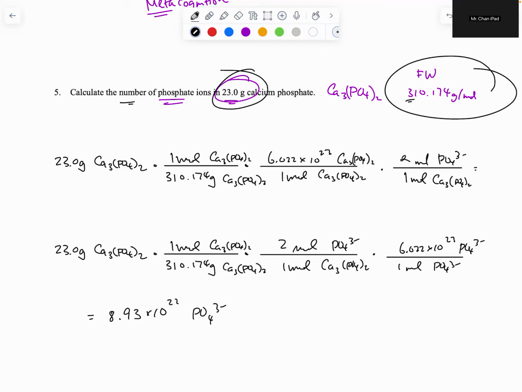So if you multiply by 2, maybe we're talking about 0.1 something moles, right? So if 1 mole is 6.022 times 10 to 23rd, then 0.1 something would be just an order of 10 less. So that's why 10 to the 22nd power makes sense.